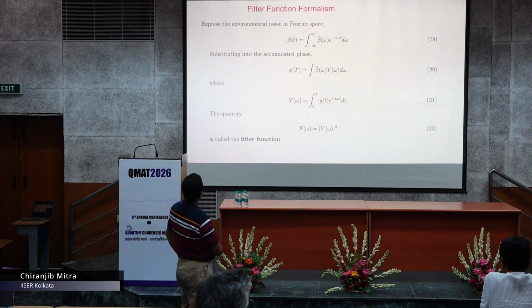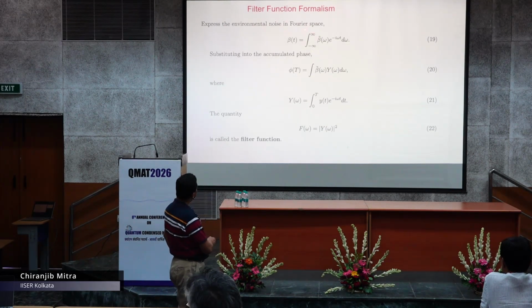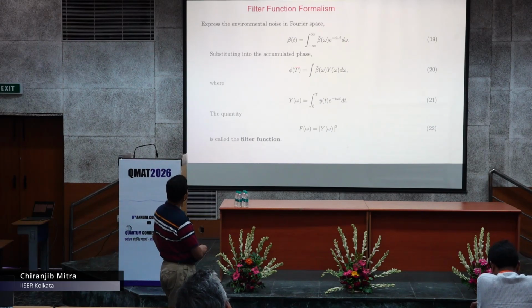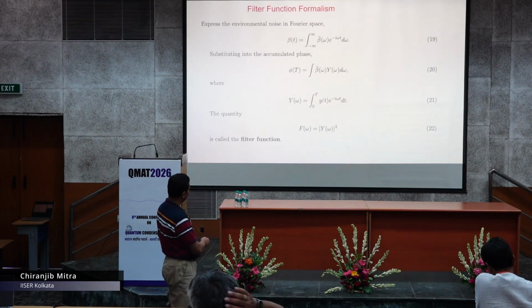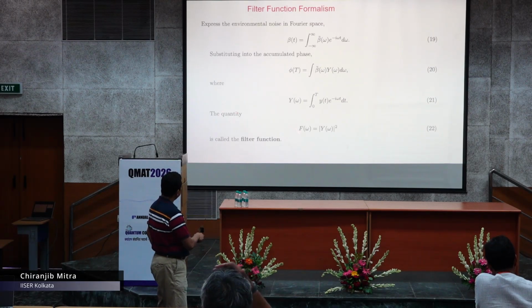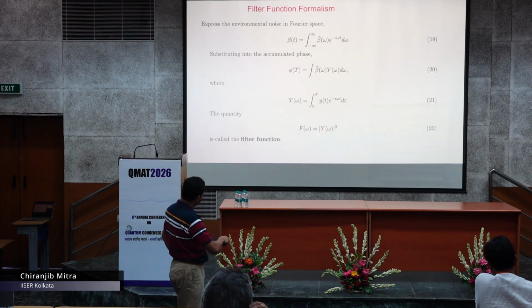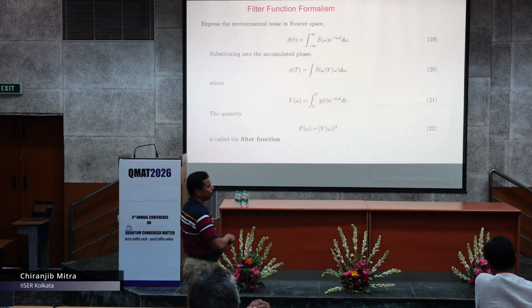Now express the environmental noise in Fourier space, and substitute in the accumulated phase here, where y(omega) is the Fourier transform of y(t). The quantity F(omega), which is the modulus of y(omega) squared, is called the filter function.